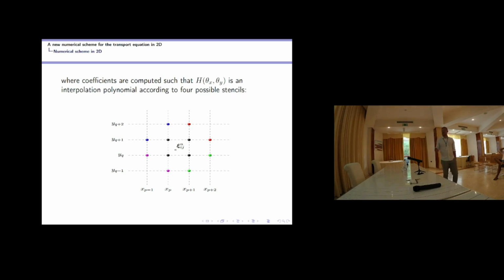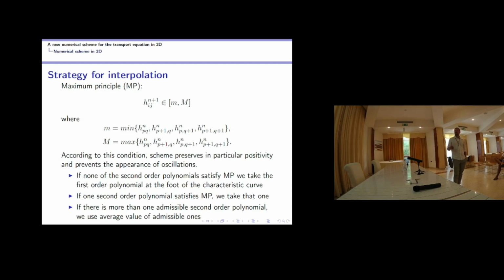So we always use these black 4 points and additional 2, for example, these 2 blue or red or green or purple points. So we have a 6 point stencil. And what is the strategy for interpolation?